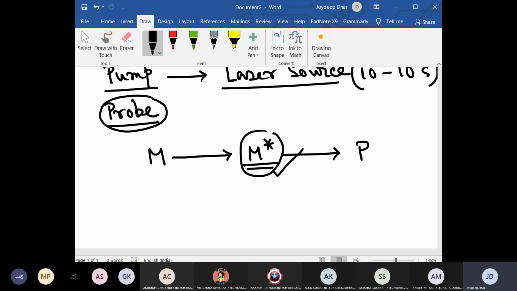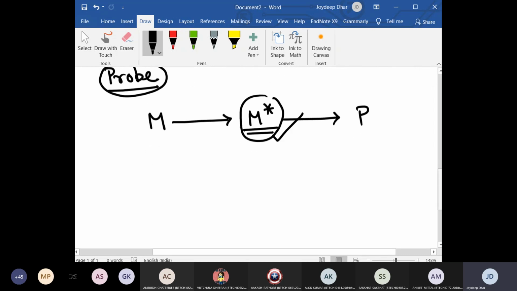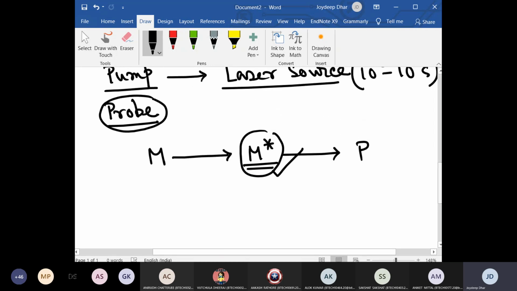What type of species you want to study, according to that you have to choose the probe. In short, you can read the PDF on what flash photolysis is. It cannot be explained in a few words, but you can study the general concept.